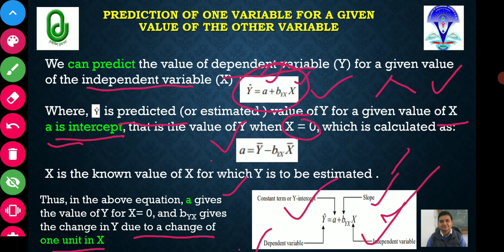Hopefully this prediction function of regression is clear to you. It is totally based on the straight line equation, and it is the relationship between dependent and independent variable, and we are quantifying the relationship with the help of the regression coefficient, byx, and a is the intercept.